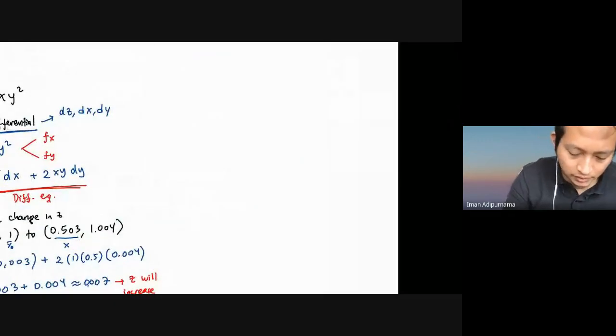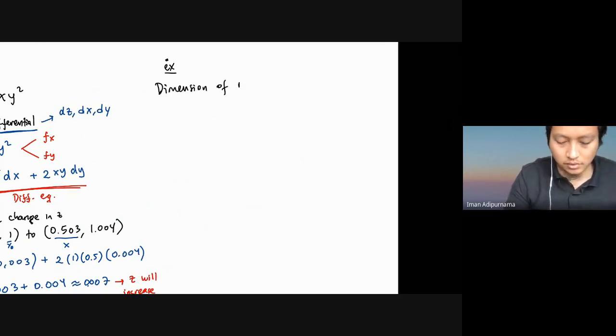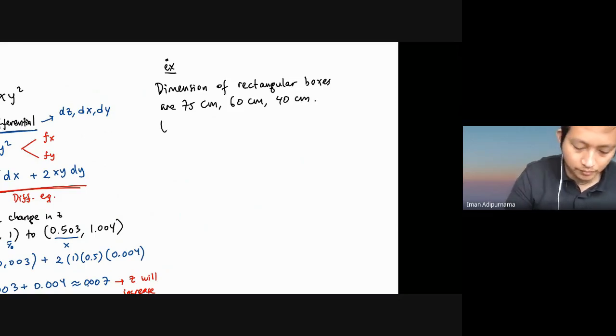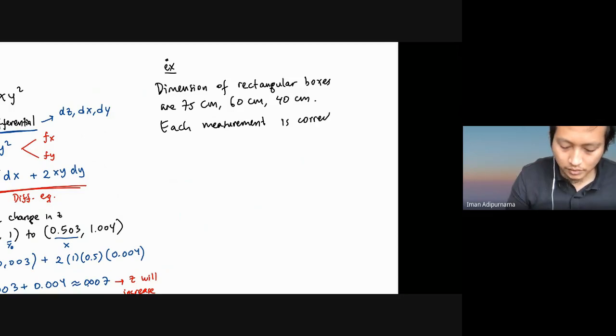Okay, let me write the example. So the dimensions of a rectangular box are 75 centimeters, 60 centimeters, and 40 centimeters. So each measurement is correct within 0.2 centimeter.